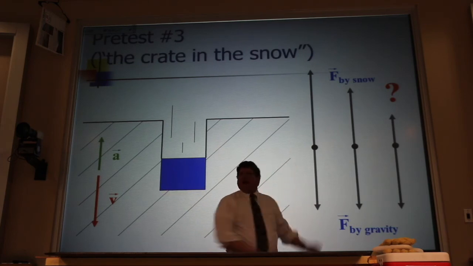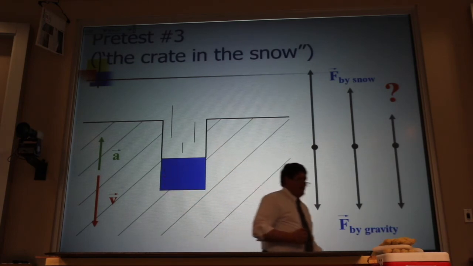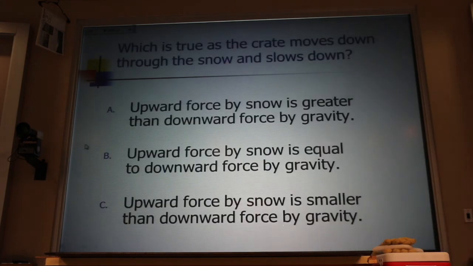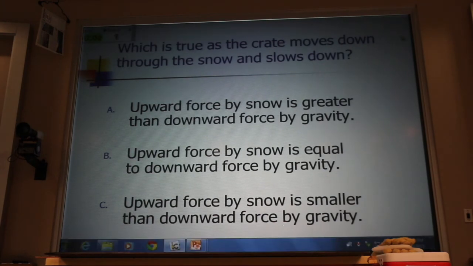This diagram has to cause one of these vectors. Which one is it? Don't say it out loud. Just tell me, is the upward force by the snow going to be greater than, equal to, or less than the 50-pound weight of the crate if the crate is moving down through the snow and slowing down?